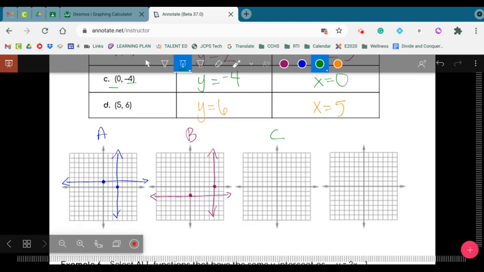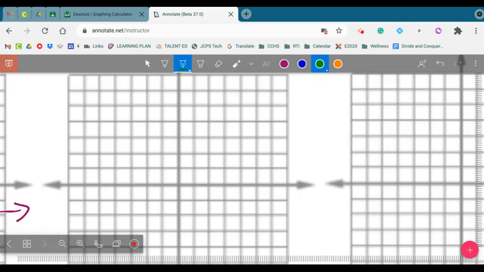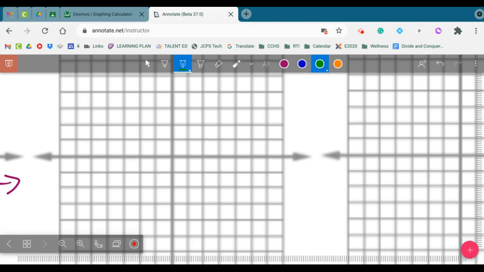Okay, for C, I have y equals -4. So go down 4. Draw your horizontal line. And then I have x equals 0. So that would be right here. And that would just be a line that's up and down, since it's at x equals 0.